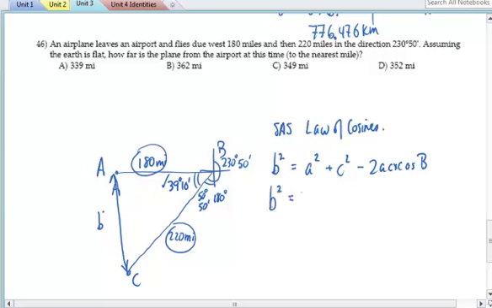B squared is equal to 220 squared plus 180 squared minus 2 times 220, 180 cosine of 39 degrees 10 minutes.